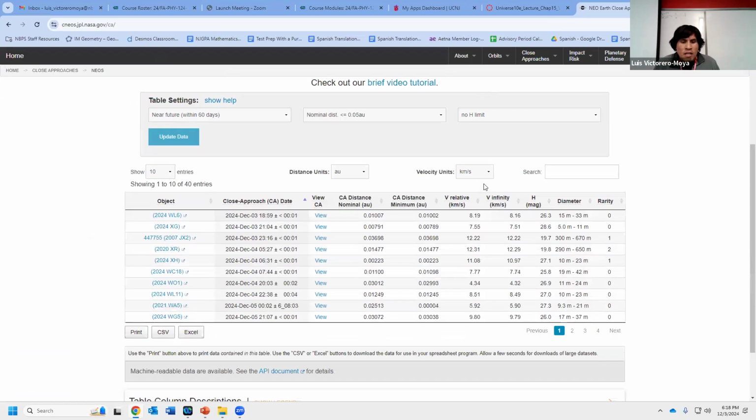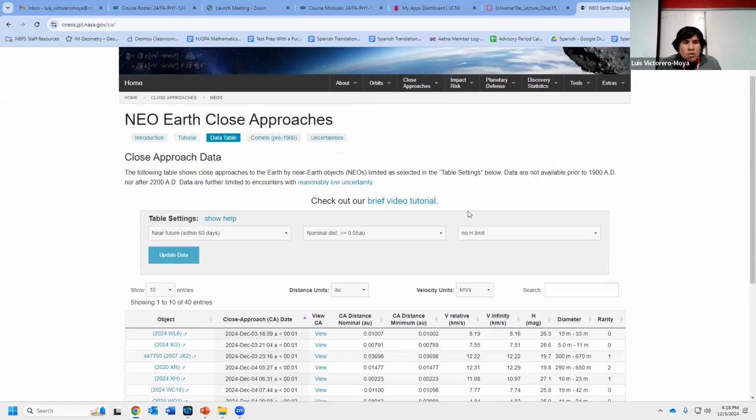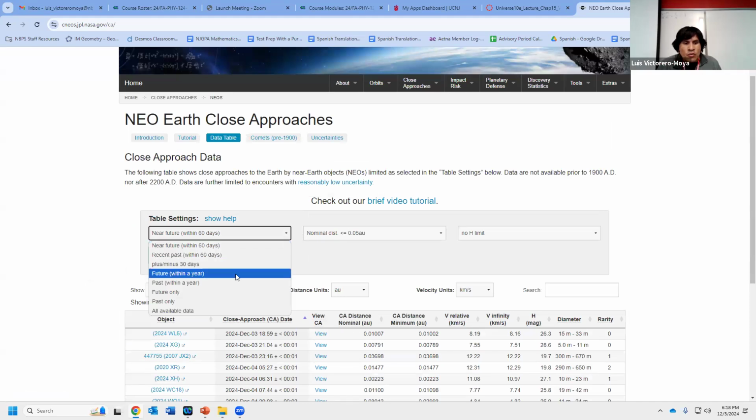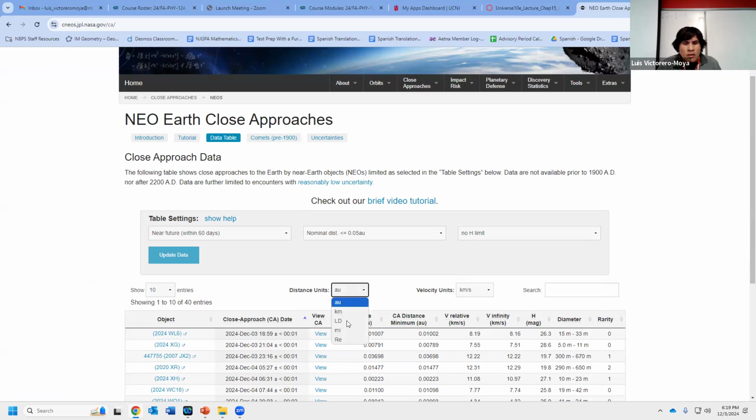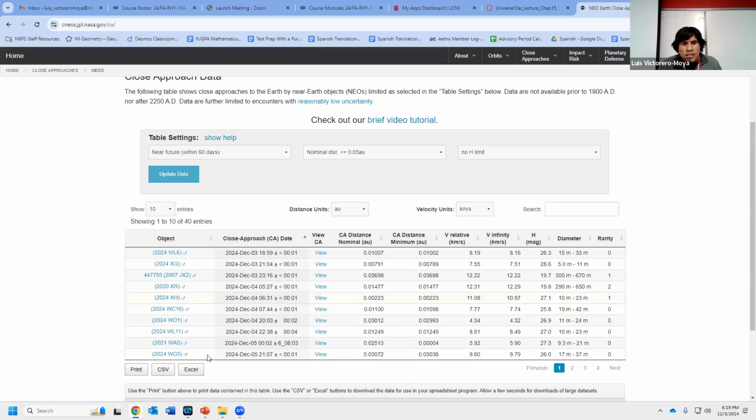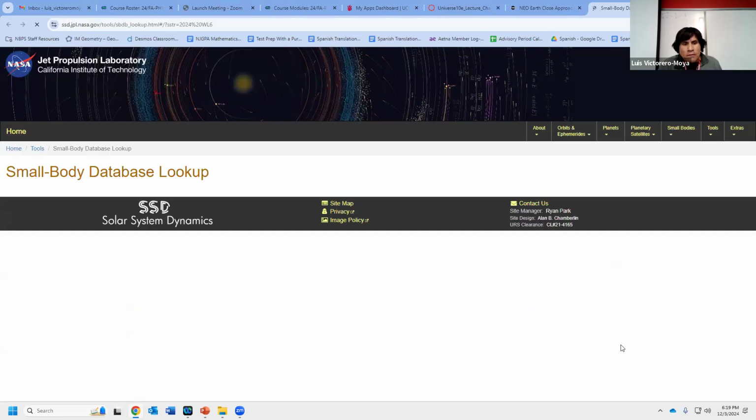If you type this, you have Earth close approaches. If you go to NASA, they have a whole catalog here, and you can filter the catalog by recent objects, future only, by the distance, by a limit, and then of course distance, normally you want AUs, and then you have it here, right? And they are updated every day. Look, for example, this one was today, right?